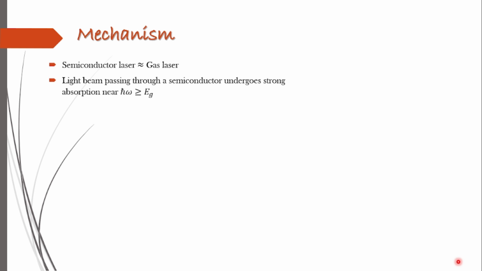So these details of optical absorption in semiconductors we have already discussed in our channel. So you can go through the playlist section on optical properties of semiconductors. There we have discussed the band edge, fundamental absorption, each and every detail.